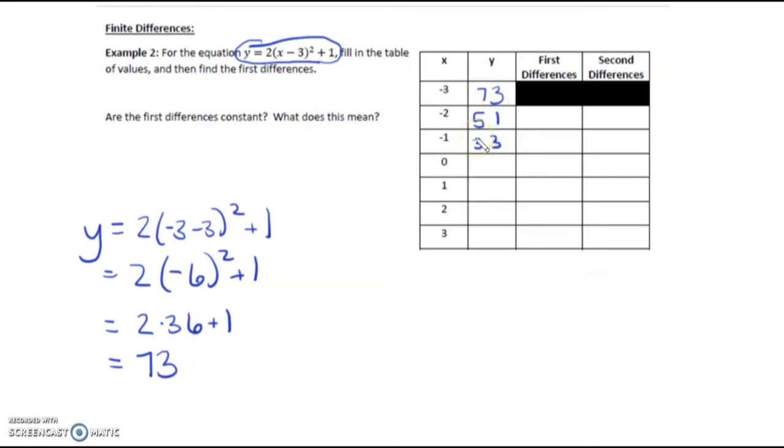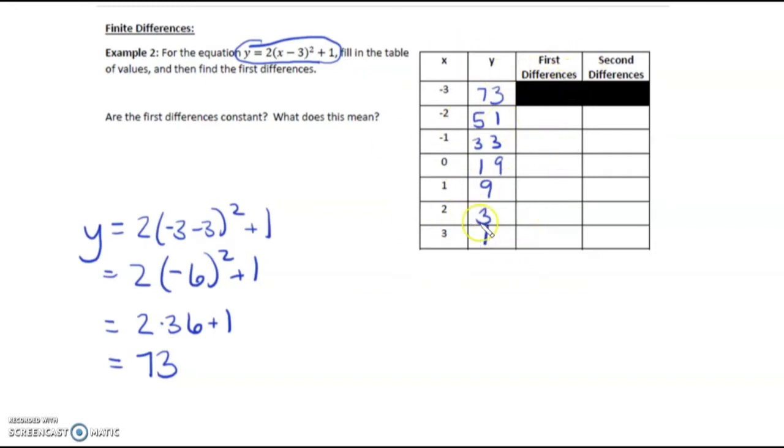I'm going to override my calculator and put in a 0. I get 19, 9, 3, and then I get 1. So that's the table of values.